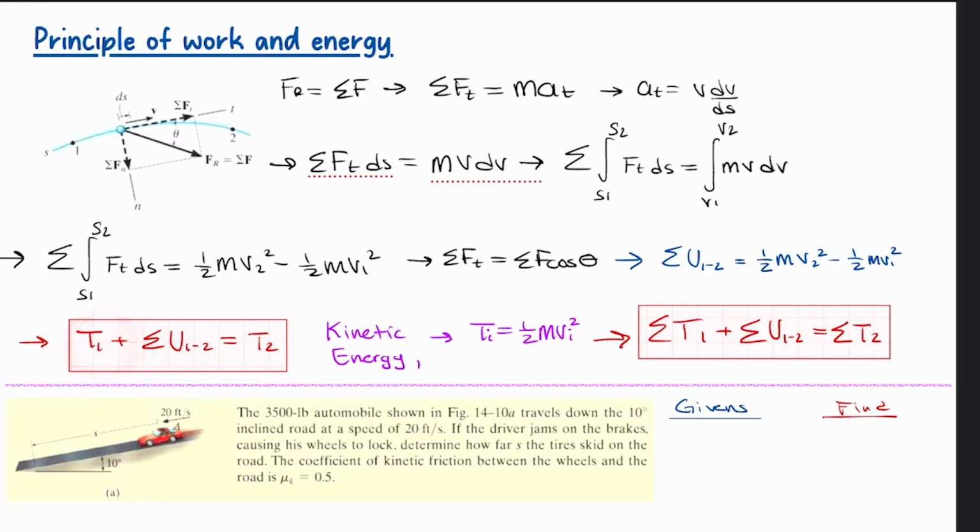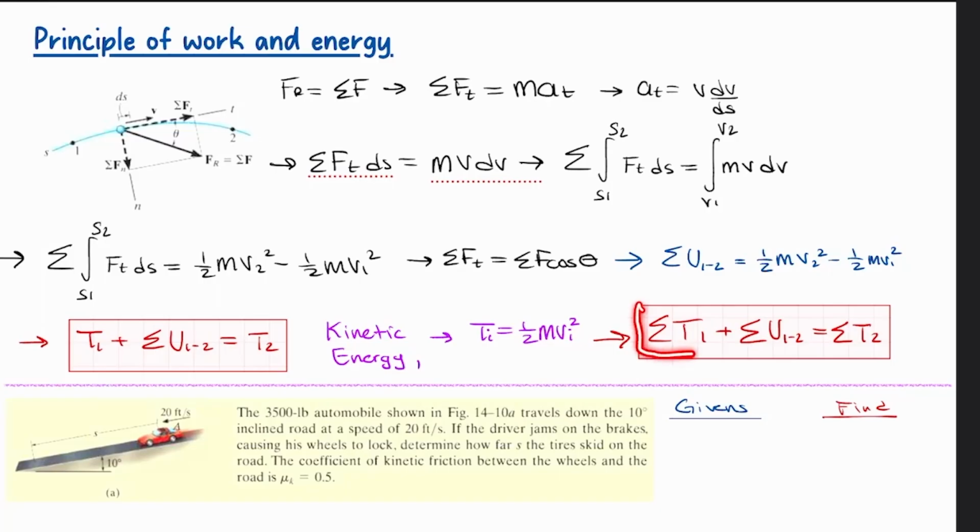But the important thing is that we end up with this equation, where T1 represents the kinetic energy, and kinetic energy equals 1/2 mass times velocity at that moment squared. So if you have the kinetic energy at the beginning, plus the sum of work done from state 1 to 2, that should equal the kinetic energy at state 2.